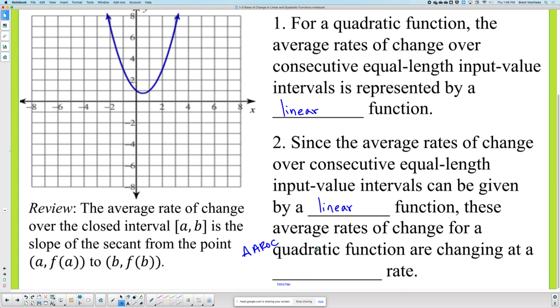What did we say about the change in AROC a second ago? I heard the answer over here. It's changing at a constant rate. Okay, so there's your vocabulary filled in. I think I have maybe another image or so, and then we'll start doing some math practice.